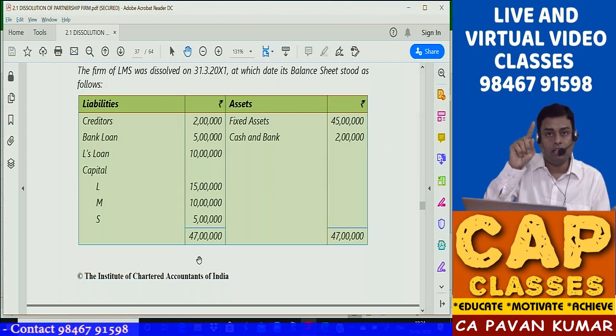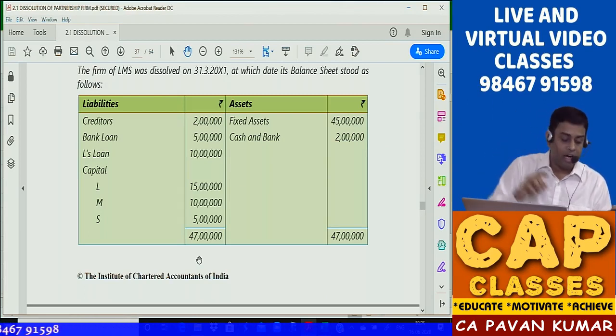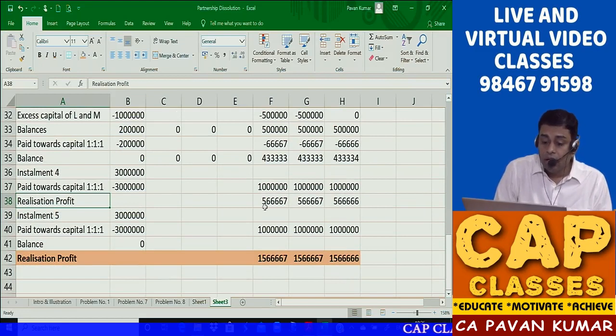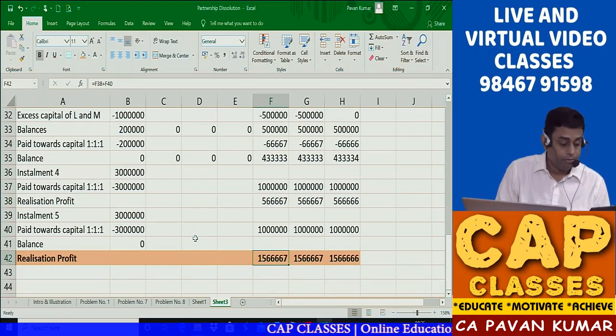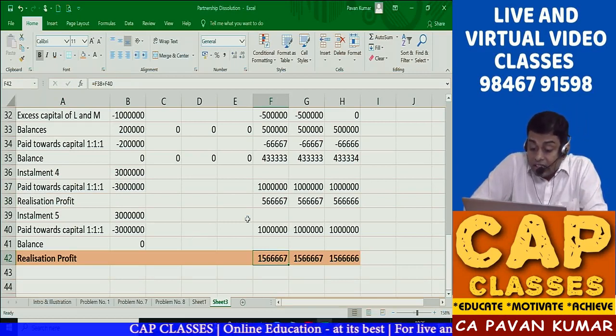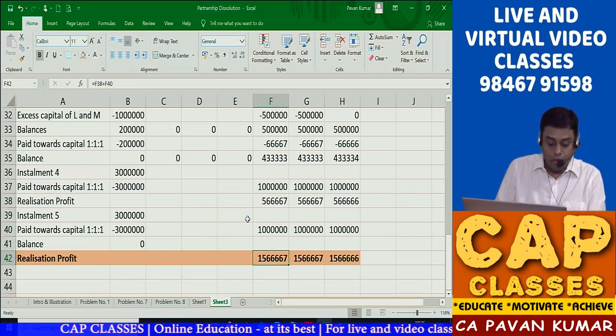We forgot subtracting that 1 lakh rupees of liquidator remuneration. No? So minus 1 lakh. This is how much then? 15 lakhs. When you have subtracted, that gave you 5 lakhs each, isn't it? Divided by 3 should be 5 lakhs. So how come this is 5,66,667? Did we do anything wrong?